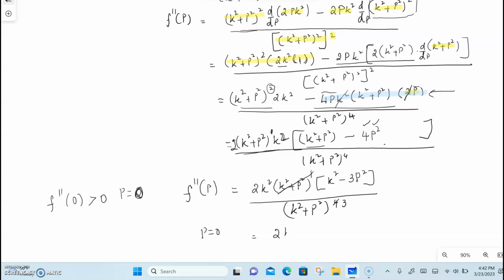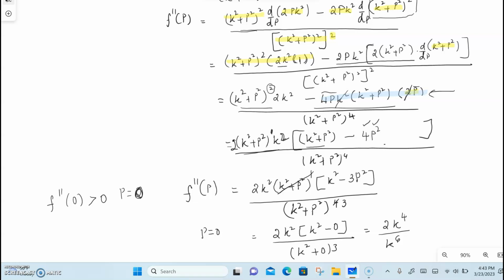So we have 2k squared times k squared minus 0 because p is 0, divided by k squared plus 0 the whole cubed. Simplifying, we get 2k squared times k squared, which is k to the fourth power, divided by k squared the whole cubed, which is k to the sixth power.